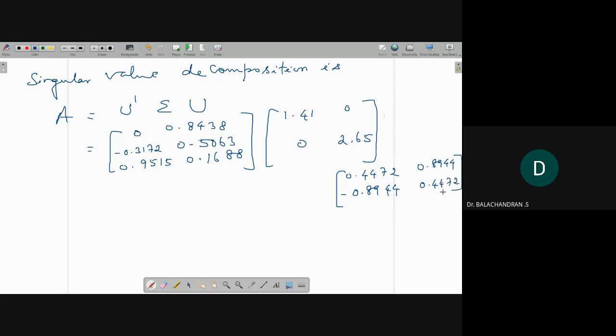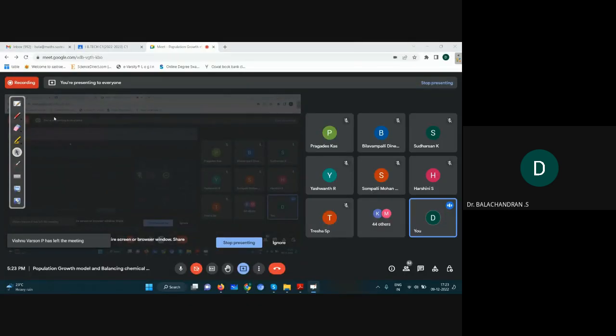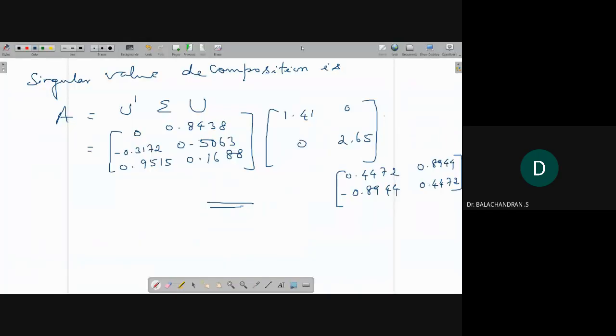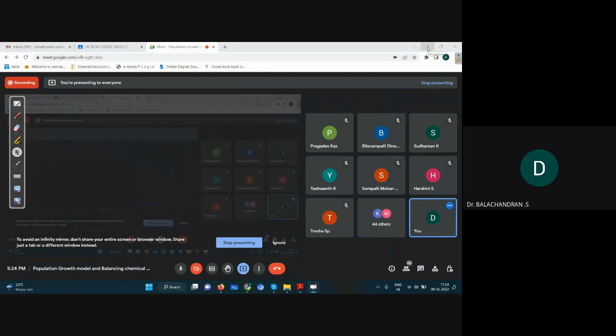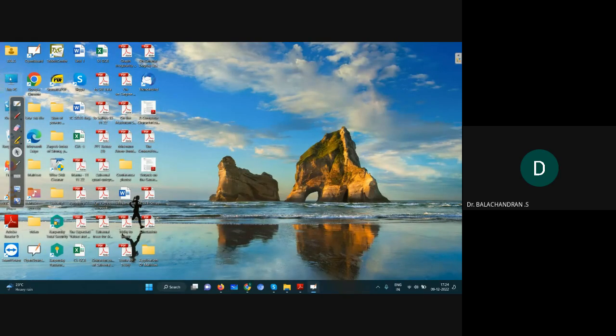So this is the singular value decomposition. Okay, I will give some practice problems in singular value decomposition and then I'll close this session.